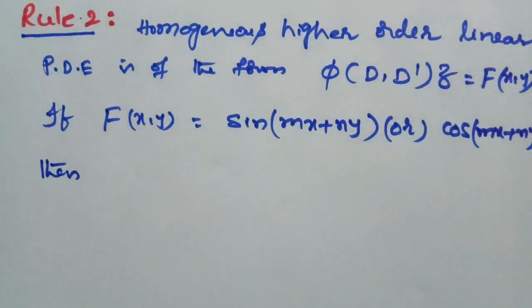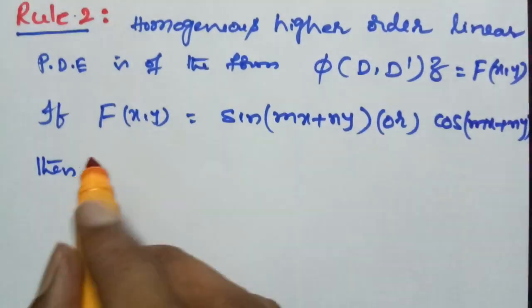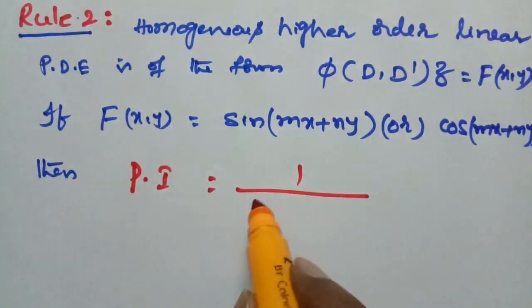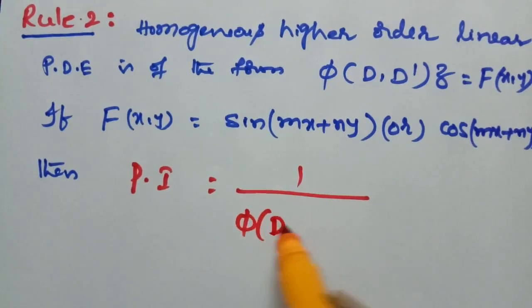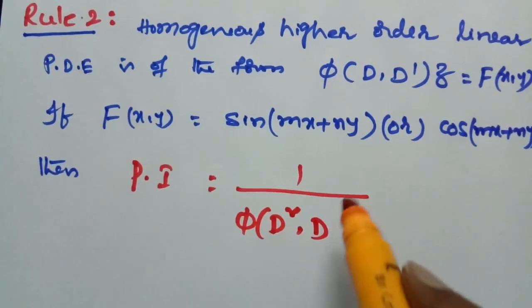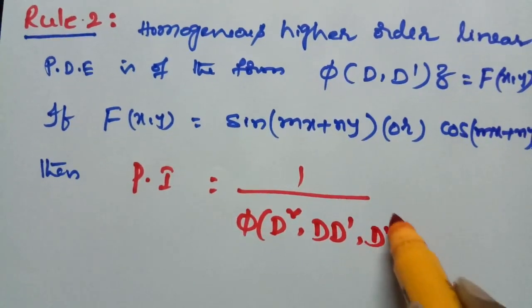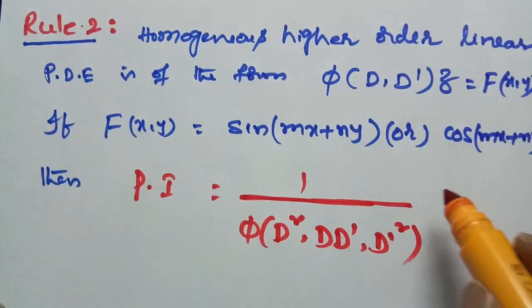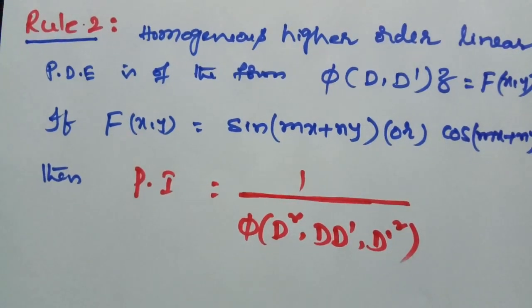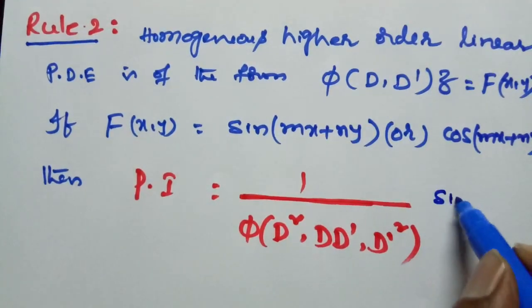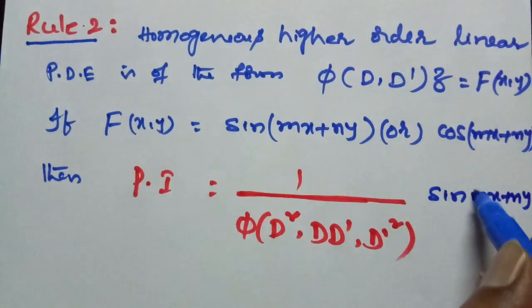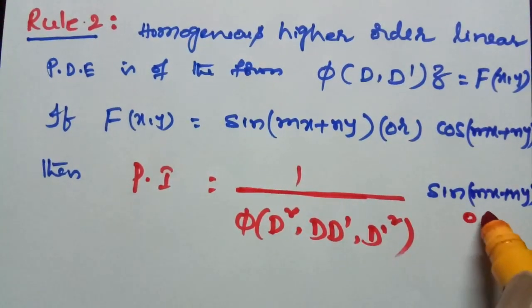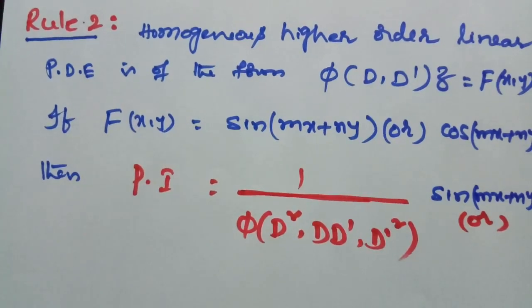Then particular integral PI is equal to 1 by phi of D square, D D dash, D dash square, into sin mx plus ny or cos mx plus ny.